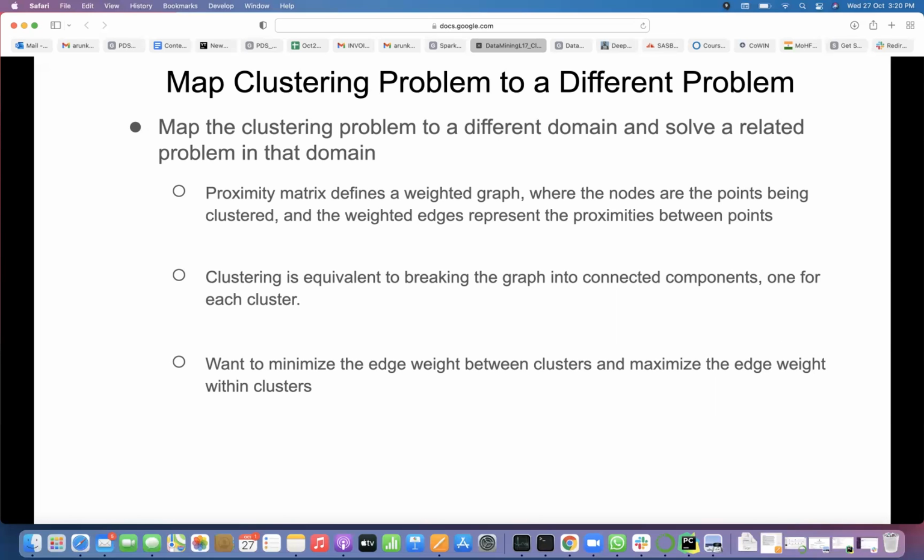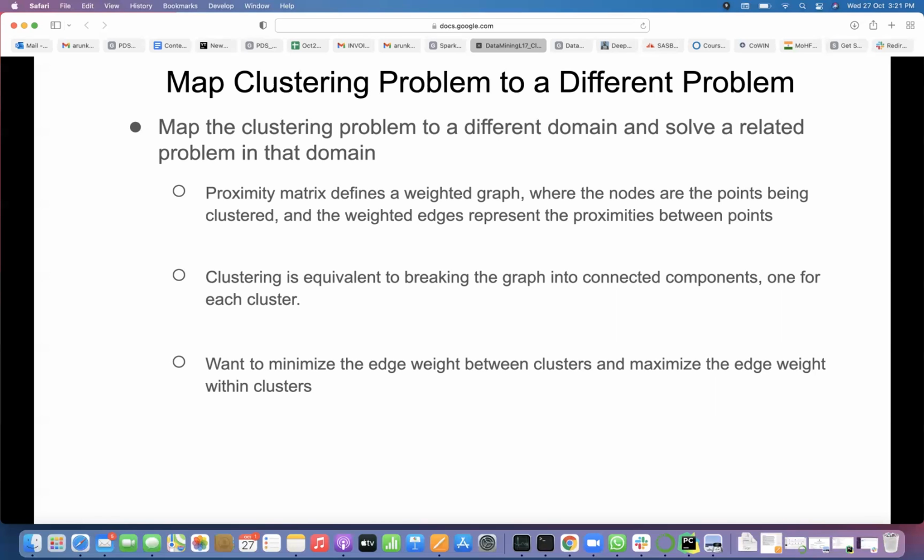Then how do you use graph theory to cluster? Clustering is equivalent to breaking the graph into connected components. If there is a path, then they will fall into one. So different connected components will become different clusters, one for each cluster.